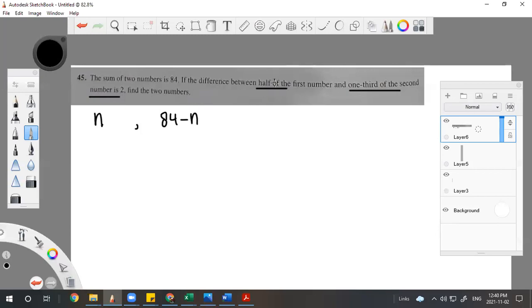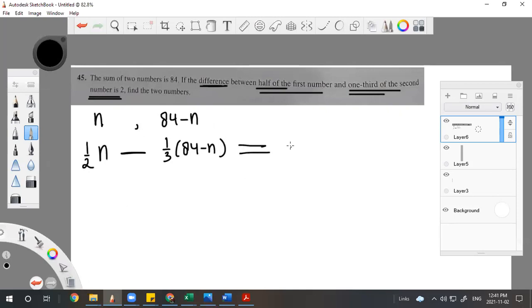The difference between half of the first number and 1/3 of the second number is 2. Gimana nih caranya? The difference berarti beda. Between half of the first number, half n, subtract 1/3 of the second number, 84 minus n, equals 2.